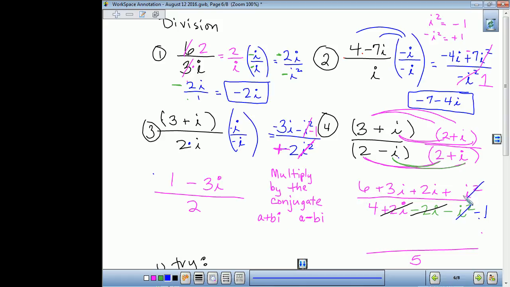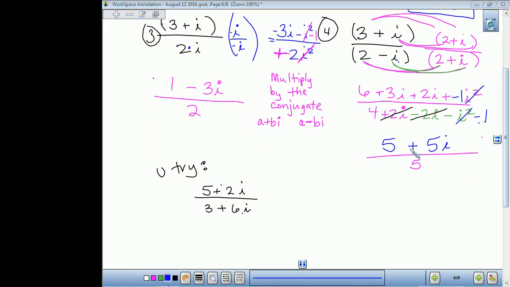And i squared is negative 1. So 6 and negative 1 is 5. And 3i and 2i is 5i. But do you see that everything divides by 5? So it simplifies to 1 plus i.